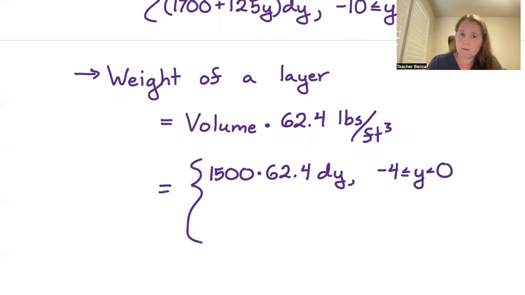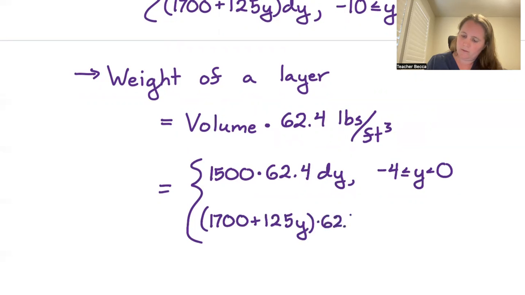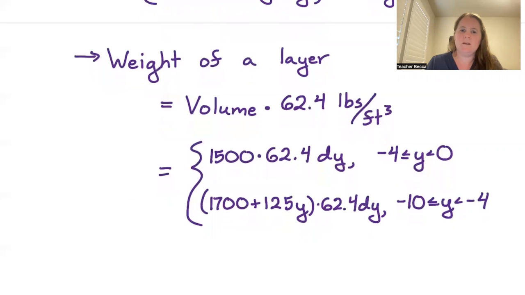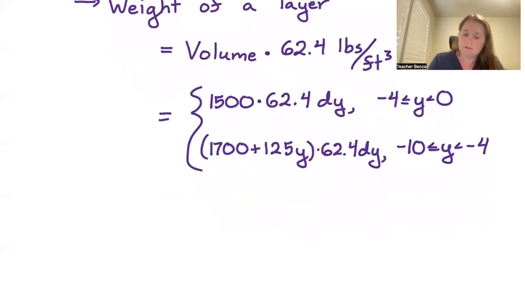And we have 1700 plus 125y times 62.4 dy, for -10 less than or equal to y less than -4. So this is our force required to move that one layer wherever it's at.